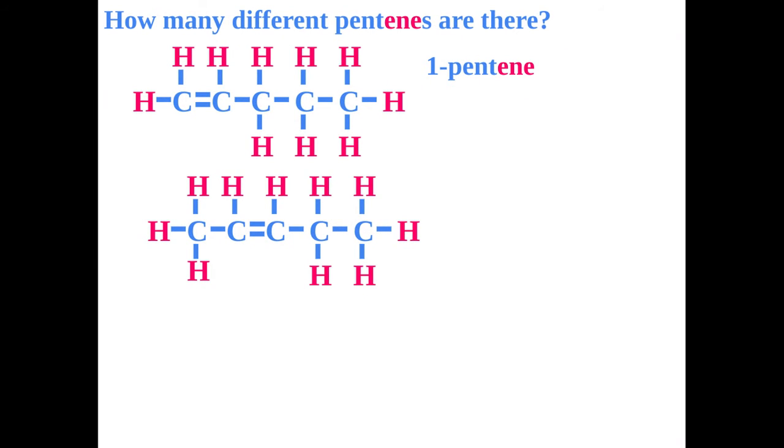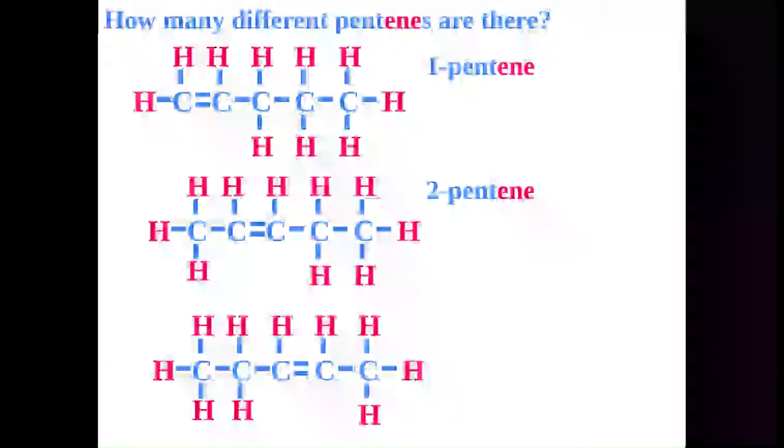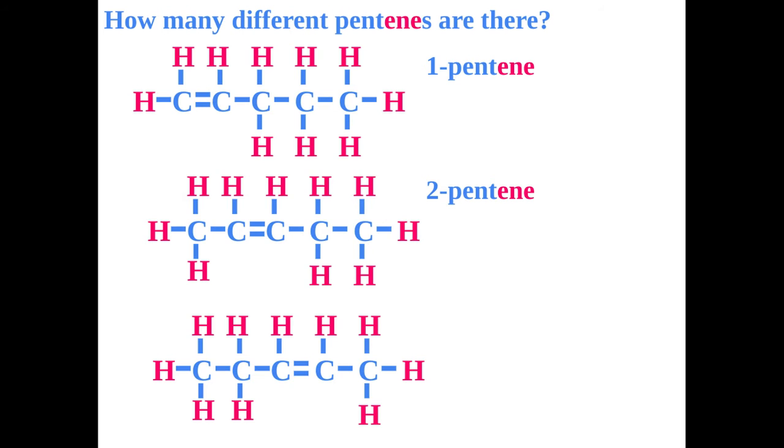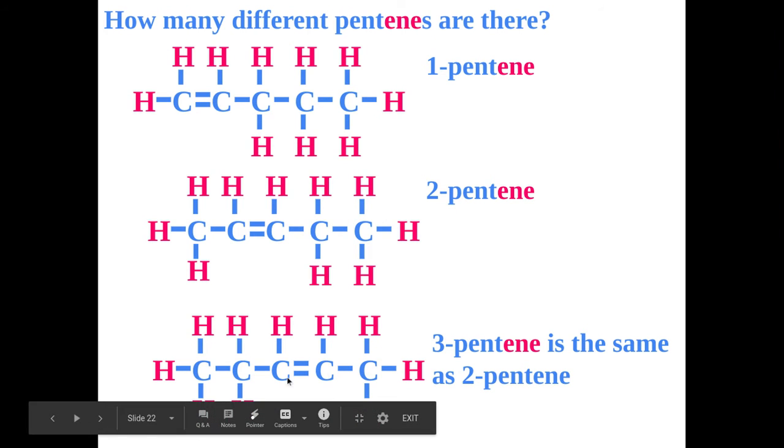So this is 2-pentene. Now, on your sheet, you might just be shuffling this double bond. So the next option is to go from this double bond to here. If you were to do that, you might have drawn something and called it 3-pentene. But if you notice, 3-pentene and 2-pentene are actually the same. If we just numbered this 1, 2, 3, we would use the lower number here.